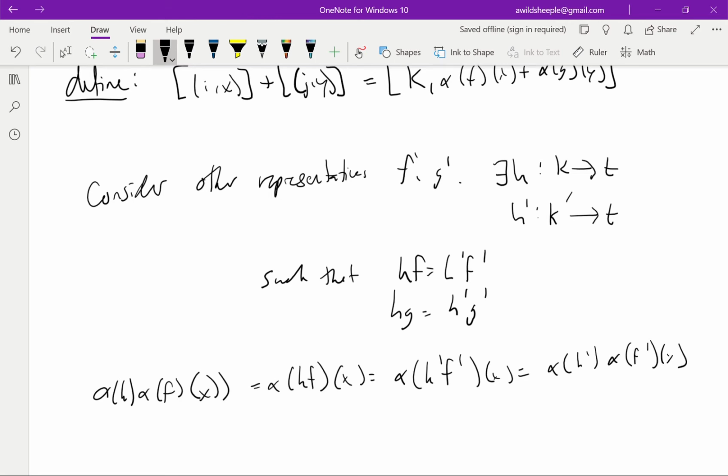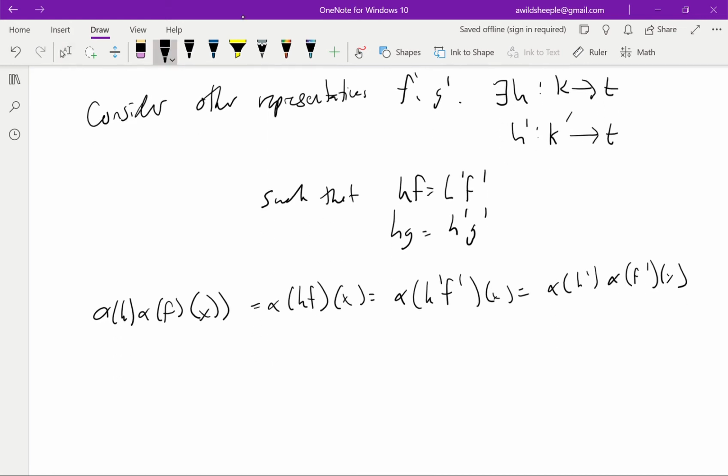And we can do the exact same calculation with g and g prime and y. So what this does is it swaps the equation, changing f into f prime. And so in particular, this equation does not depend on the choice of representatives, and therefore we have the desired operation.